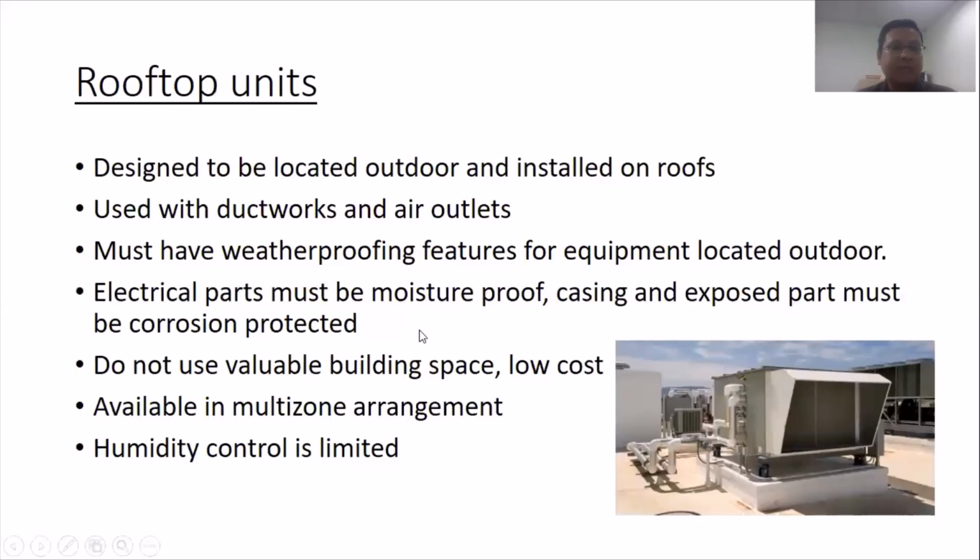Electrical parts must be moisture proof. Casing exposed parts must be corrosion protected. It does not use valuable building space. Low cost, available in multi-zone arrangement. Humidity control is limited.